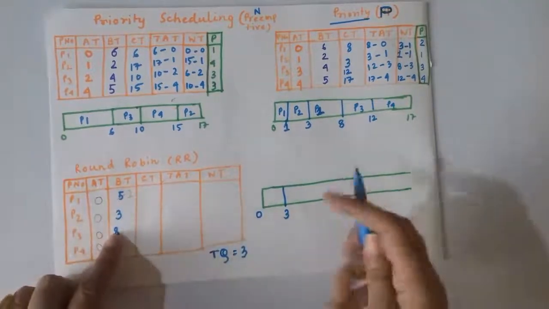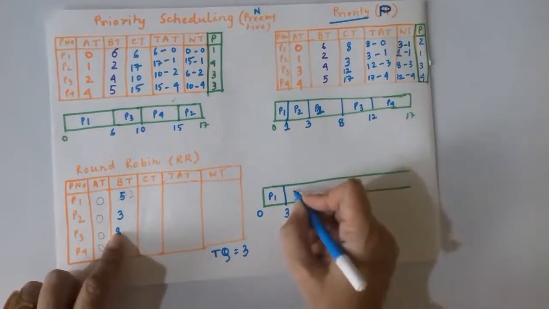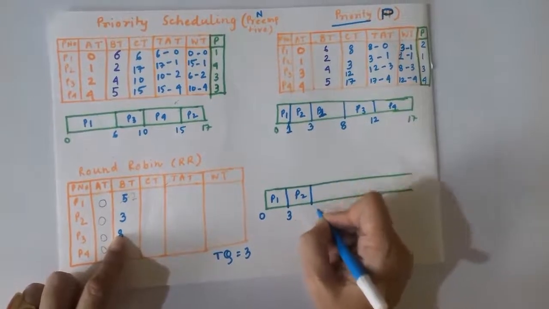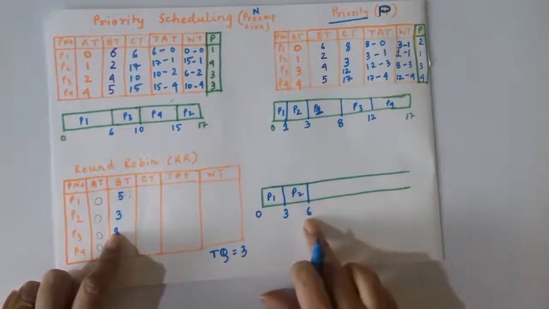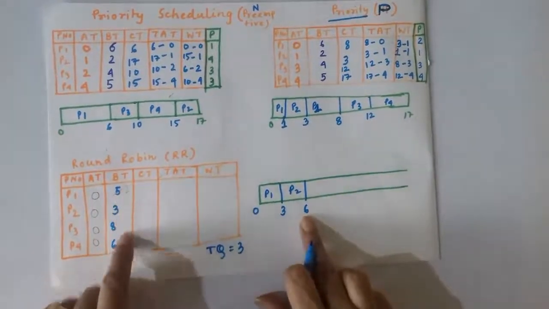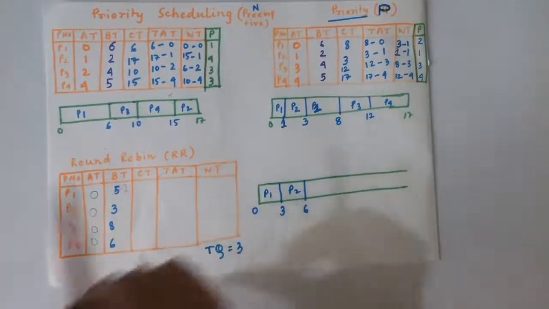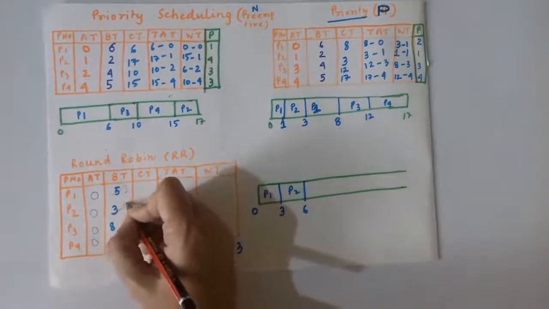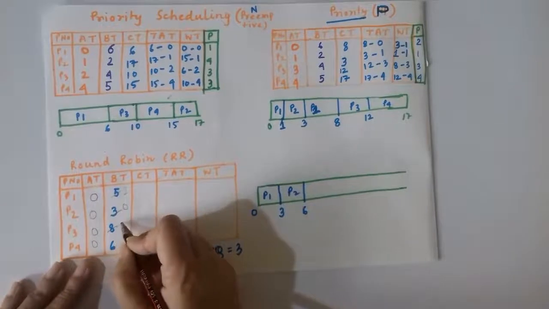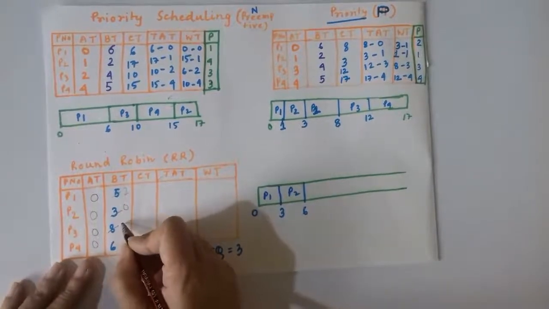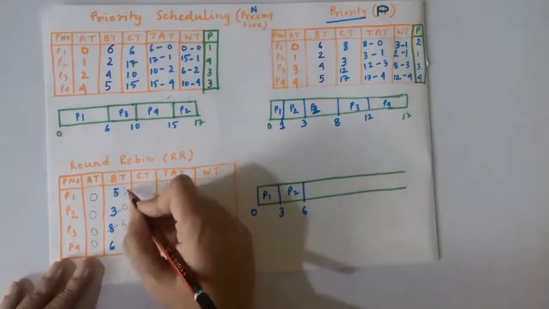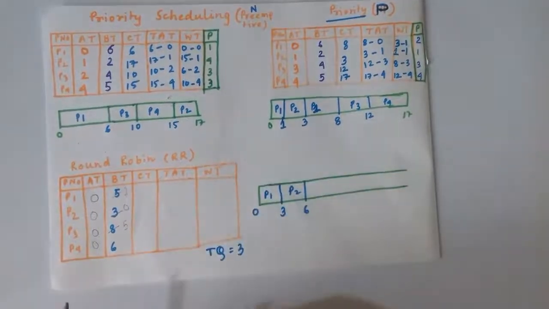P2 will be executing. Next, 3 work units, the 3 time quantum, will be given periodically to all the processes. So you can see this will become 0, then it will be given to this. 8 minus 3, 3 will be executed, 5 will be pending. We are writing here the pending amount.